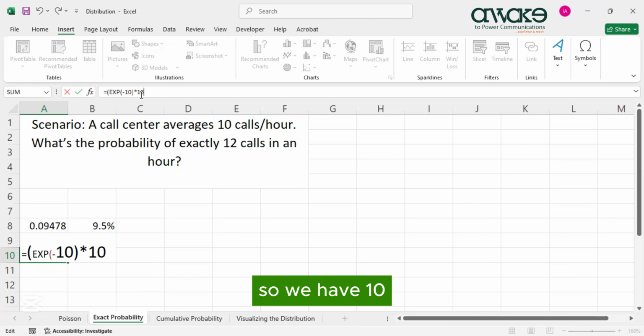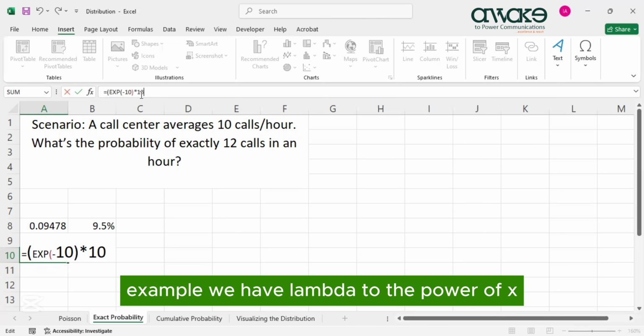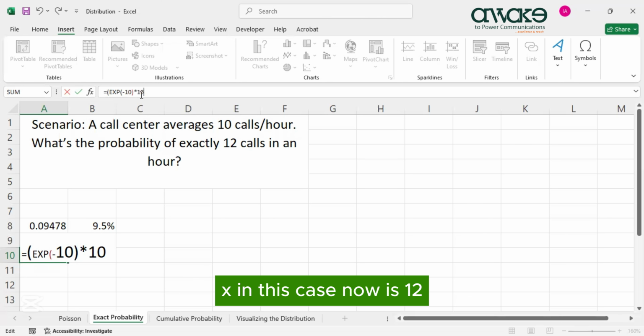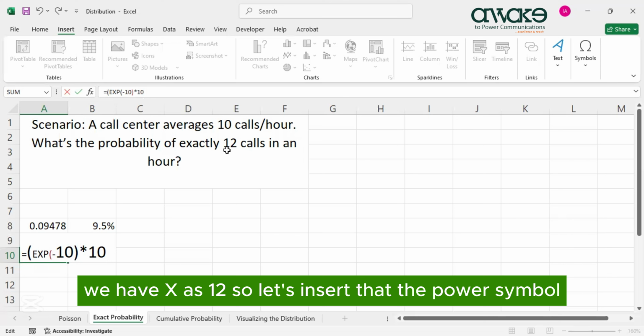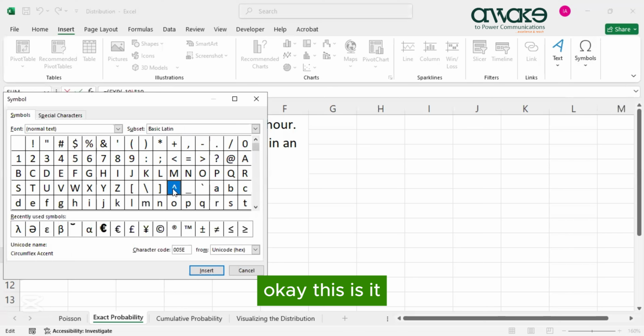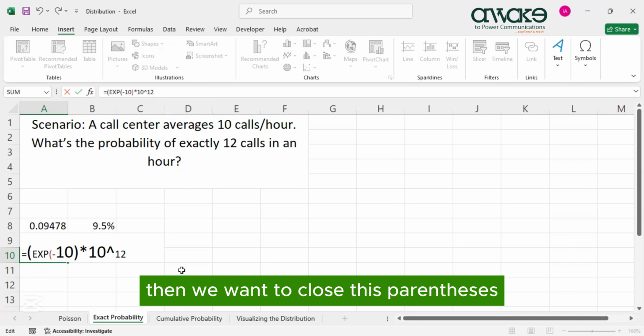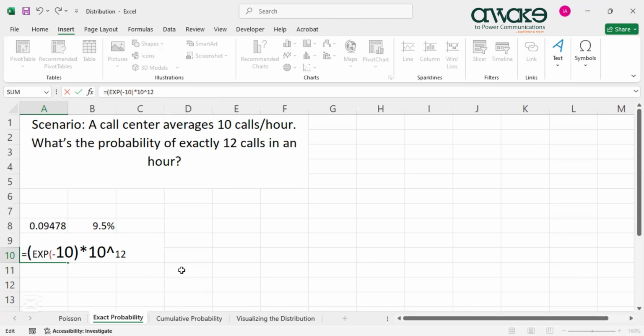So we have 10. Then remember that in our formula, we have lambda to the power of x, isn't it? x in this case now is 12. So let's insert the power symbol. Okay, this is it. So the power of 12. Then we want to close this parenthesis now.